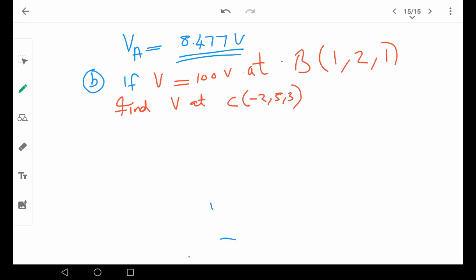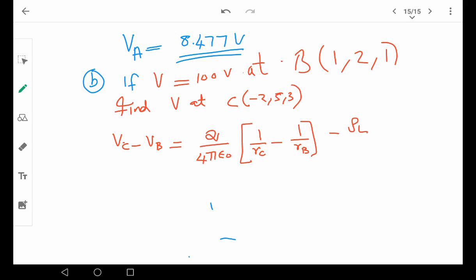So you can use the same formula as we have used earlier. You can say that VC minus VB equal to Q by 4 pi epsilon 0 times (1 by RC minus 1 by RB), minus rho L by 2 pi epsilon 0 ln (rho C by rho B).